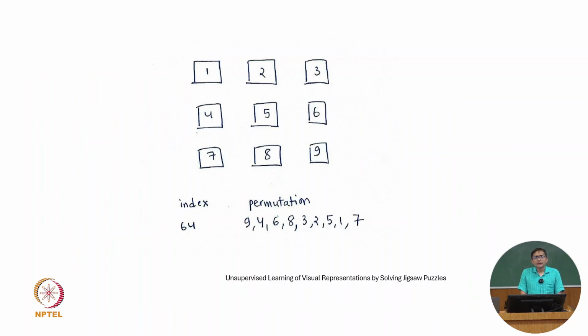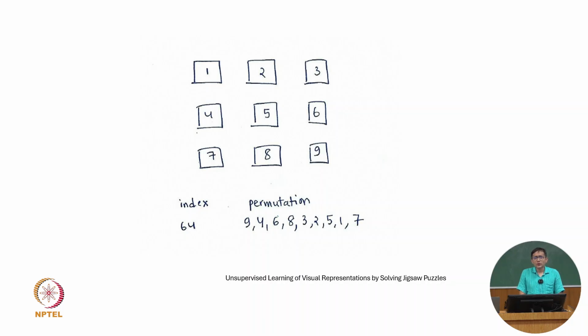So here we have seen an example. Again, we see that the image has been divided into 9 grids, and now for a particular permutation order we assign a particular index. Similarly, we can take more permutation orders and we can accordingly assign some indices. Let's say we in total take 64 such permutation orders.